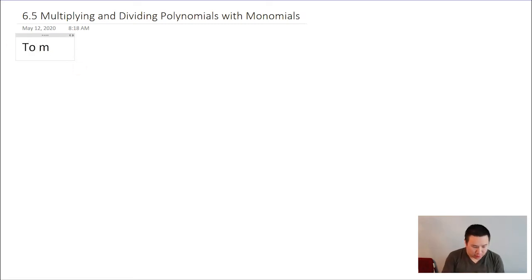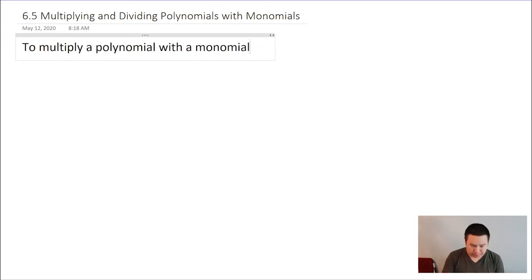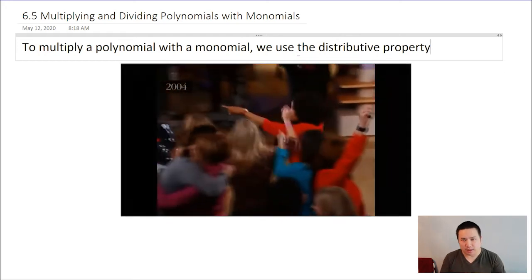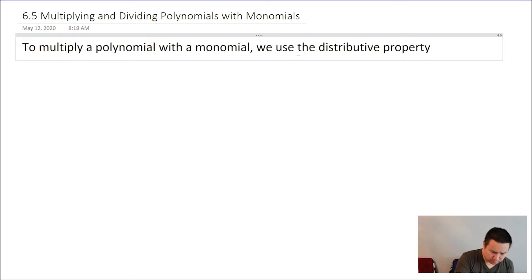So to multiply a polynomial with a monomial, we use the distributive property. You all remember the distributive property? Let's see it in action.